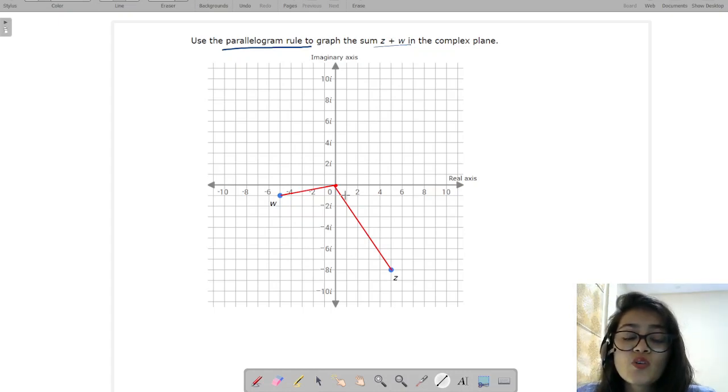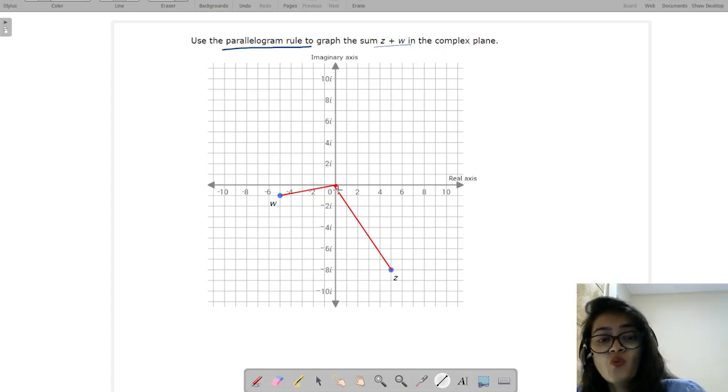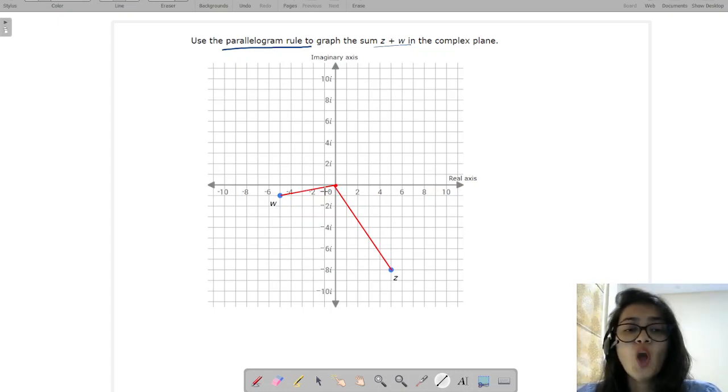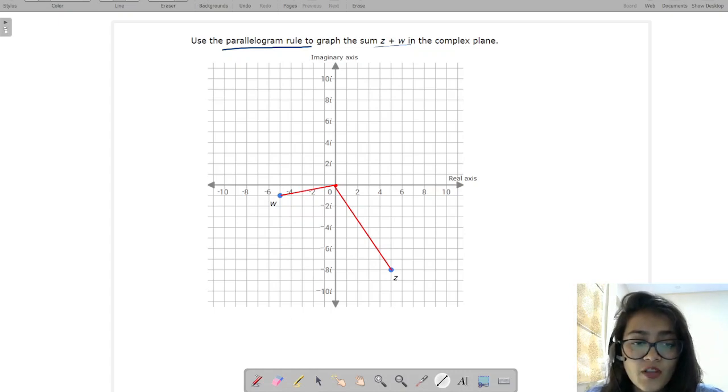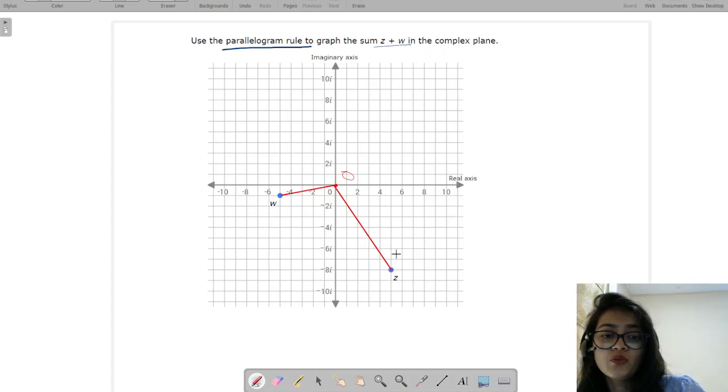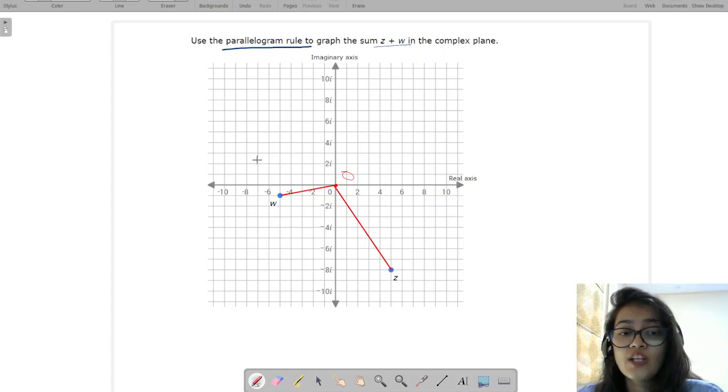A parallelogram, we know, has four vertices. Out of those four vertices I have got three of my vertices. One is the origin, the second is w, and the third is z. Now I need to find the fourth vertex.